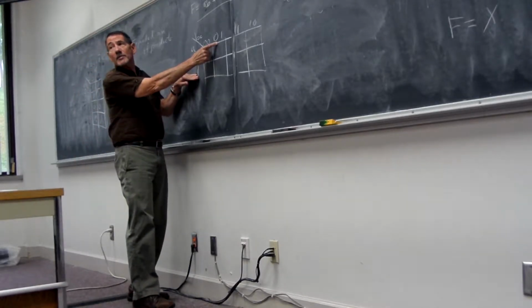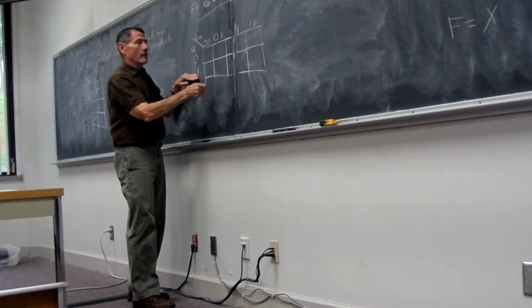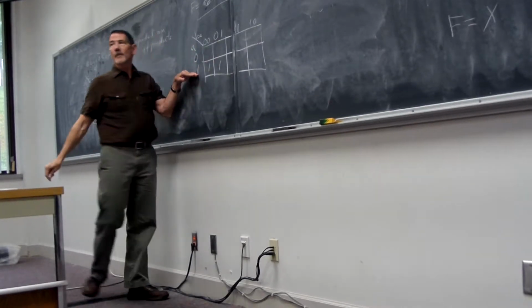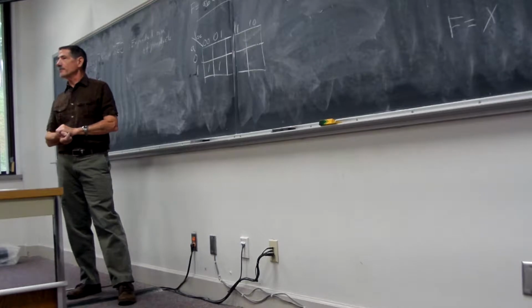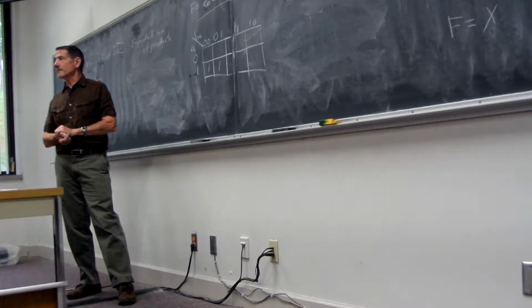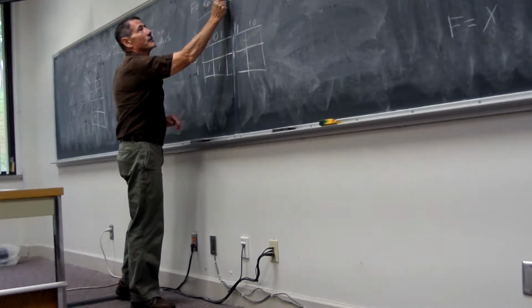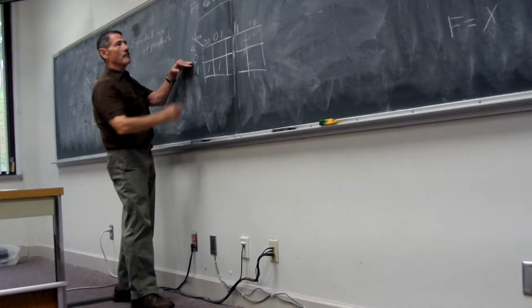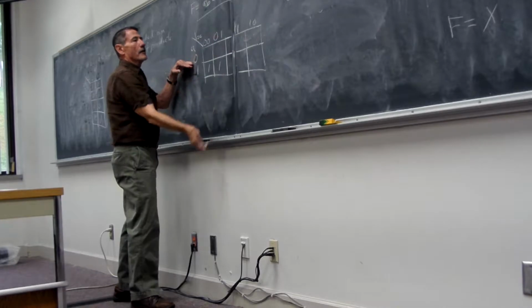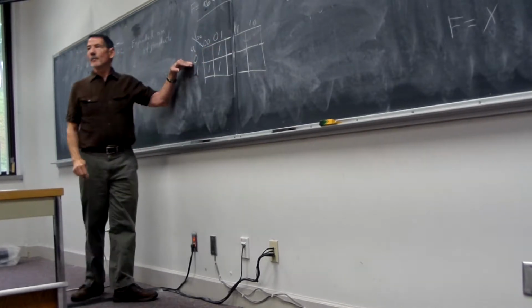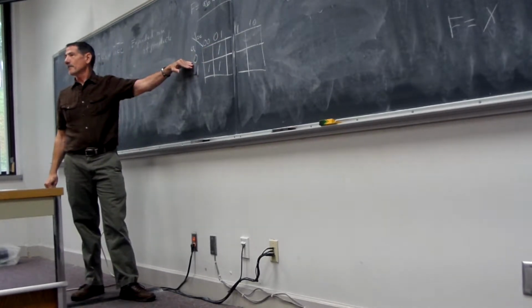Does it matter what C is doing? So I end up with two 1s. Take a look at this one here: 0, 0, 1. I end up with a 1 there. Is everybody with me so far?